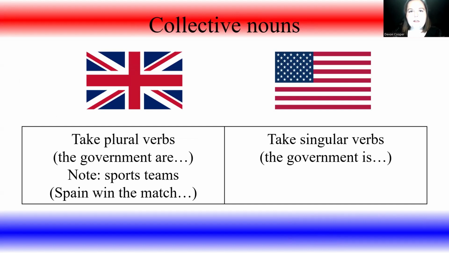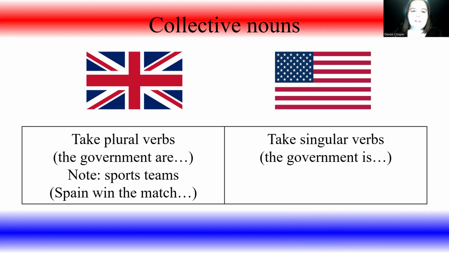So the first thing I want to talk about are collective nouns, and specifically their agreement with verbs, right? So in British English, most collective nouns are going to take plural verbs. So, for example, a collective noun is something like the government or a sports team. These are things that is a single noun that's referring to a group of people or a group of things.